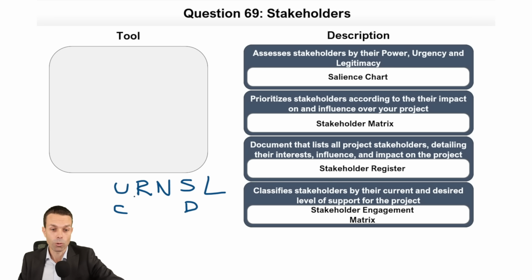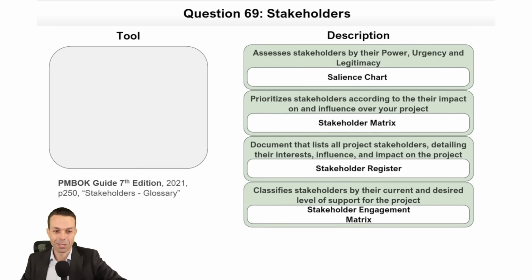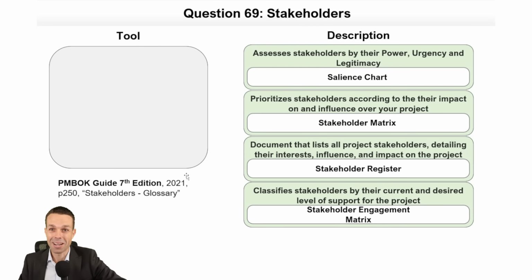So if they're unaware currently, in the future we desire them to be supportive. And so that's our stakeholder engagement matrix. Just a little bit of extra stuff there, and that is correct. So we've got that, and that's wonderful. Page 250, stakeholders in the glossary. Nice and easy to find.